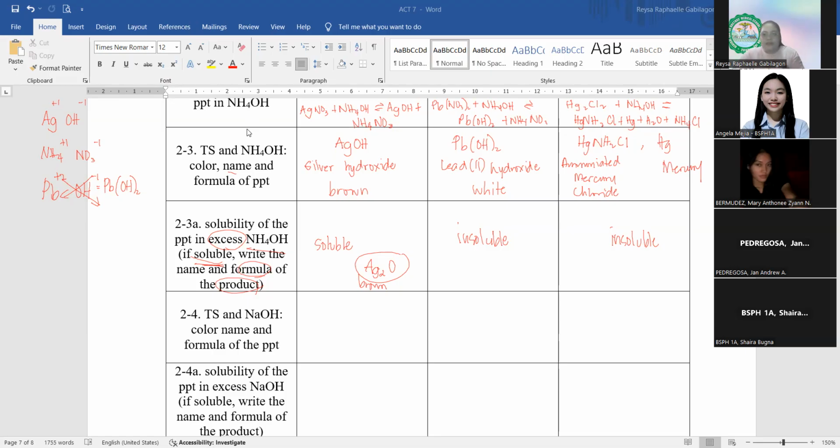It's still color white. Actually, combination na ito kasi si ammoniated mercury chloride is color white and then si metallic mercury is color black.